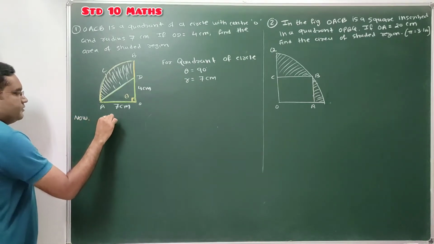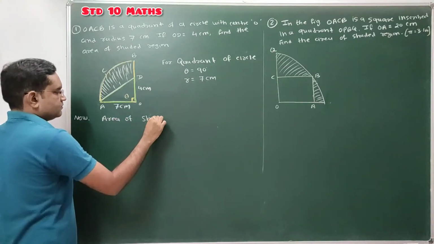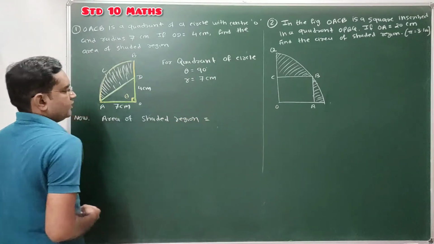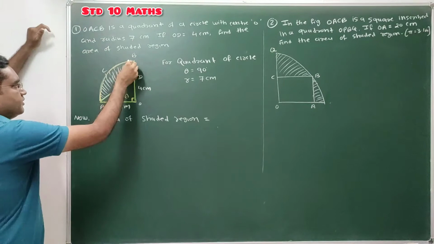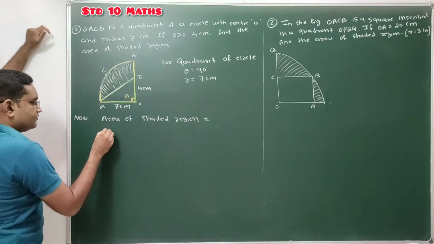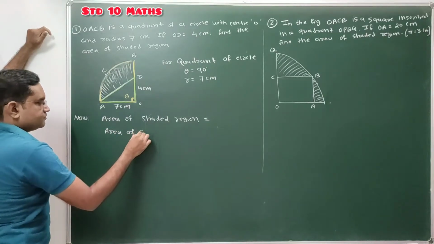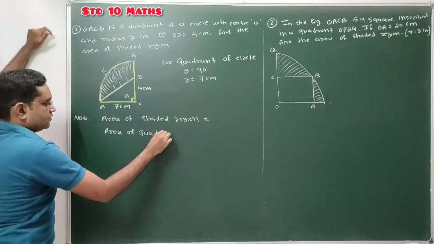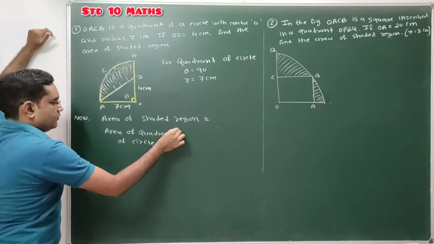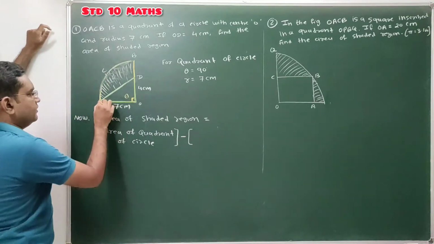Area of shaded region is equal to area of quadrant of circle minus area of right angle triangle AOD.